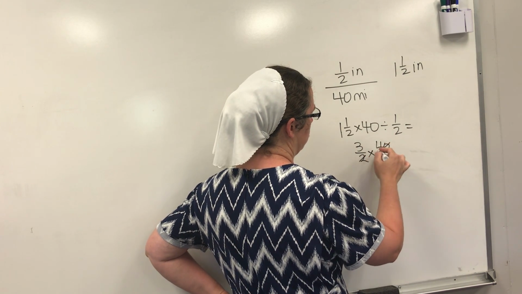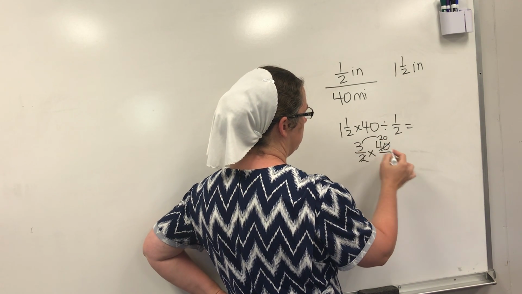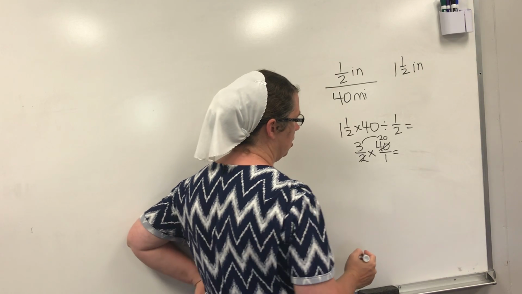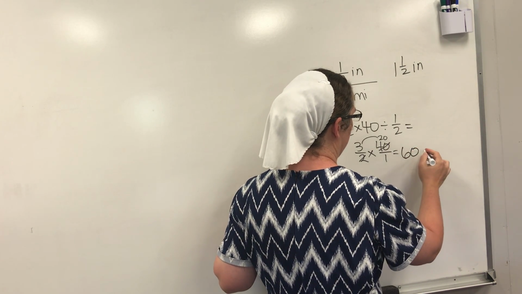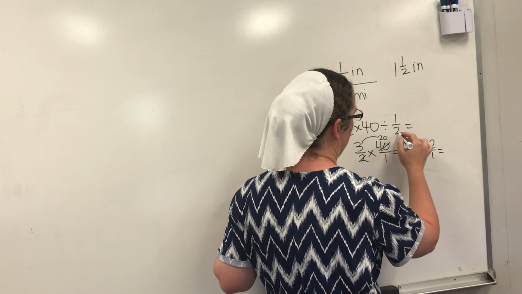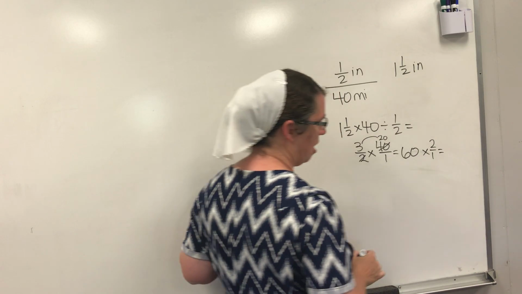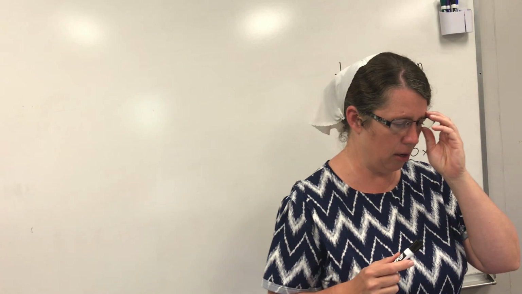You can cancel out. 2 goes into 40, 20 times. 20 times 3. Seth, what's 20 times 3? He says it's 60. Good job. Times 2 over 1. Remember, we're inverting that. 60 times 2 is 120 miles.